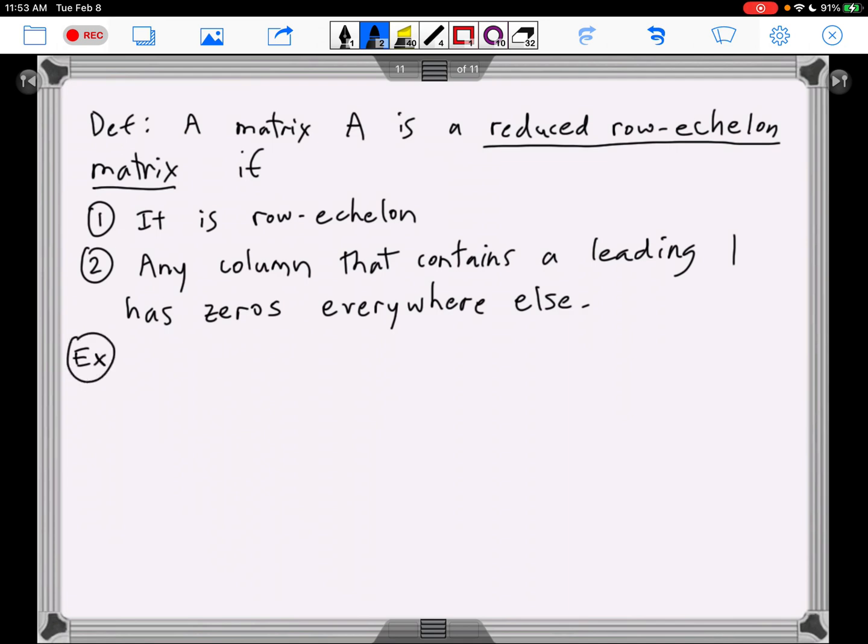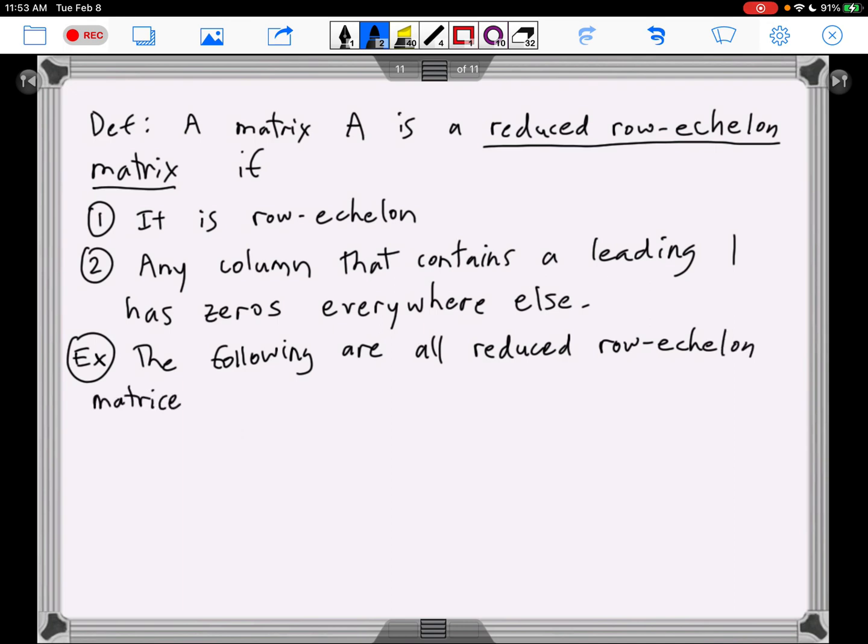So, as an example, the following are all reduced row echelon matrices.